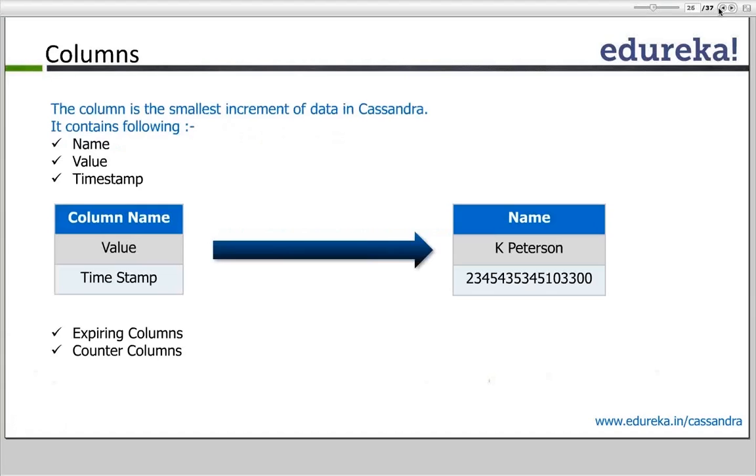An RDBMS does not support column names of different data types, but Cassandra supports column names of any type you want. The column name can be a date, a number, bytes, or even a hash value by itself. So comparator is mostly associated with the data type of your column name.